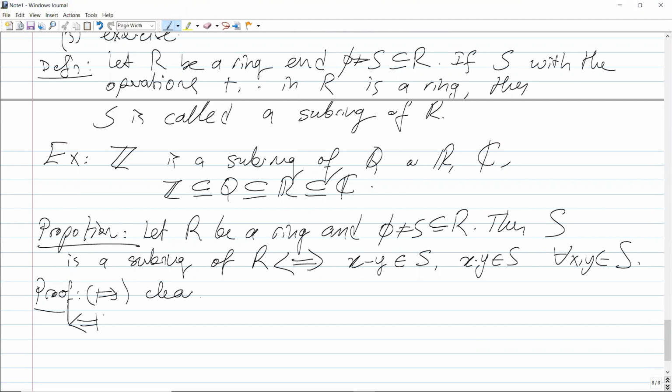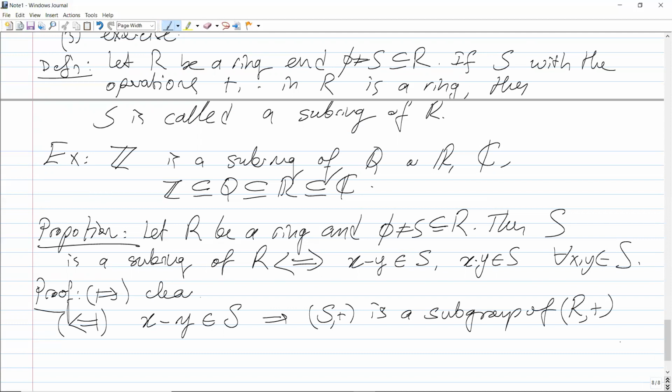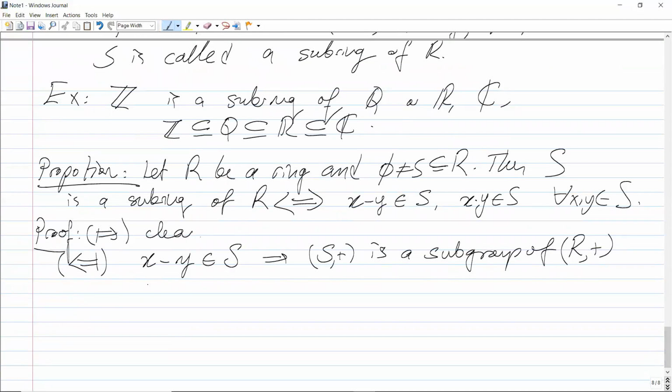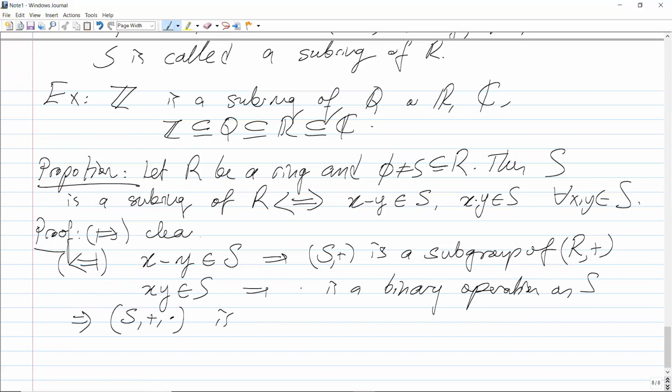For the other, X minus Y in S implies that S with the addition is a subgroup of R with the addition, remembering from group theory. And if X times Y is in S for every X, Y in S, that means multiplication is a binary operation on S. The other properties of the ring come from the properties of addition and multiplication in R. So it follows that S with this addition and multiplication is a subring of R.